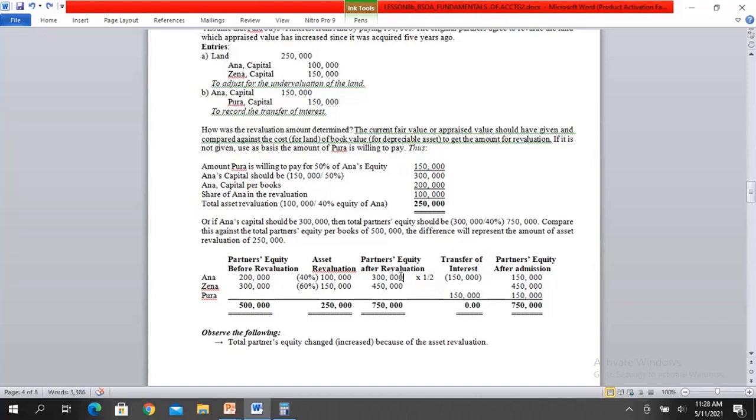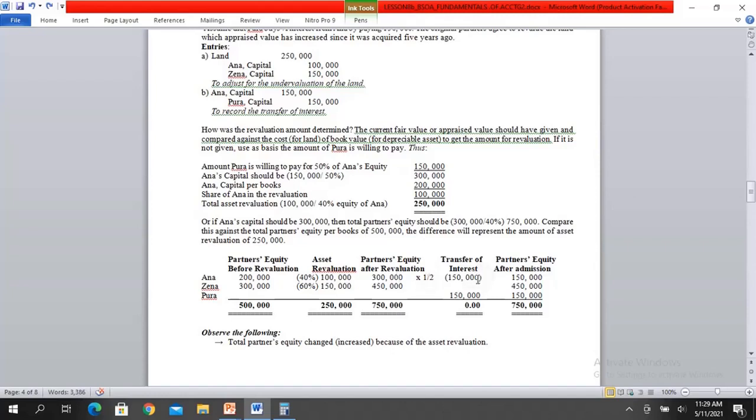So, 300,000 yung partner's equity ni Ana after revaluation ng asset. Multiplied by 1 over 2 kasi sabi nga kanina, bibilhin ni Pura yung one-half interest ni Ana ng 150,000. So, 300,000 times 1 over 2 is 150,000.